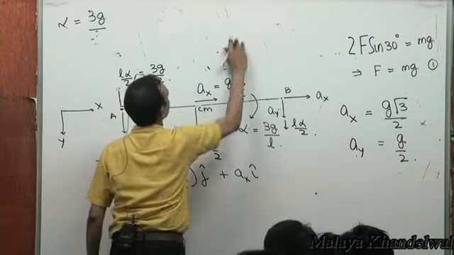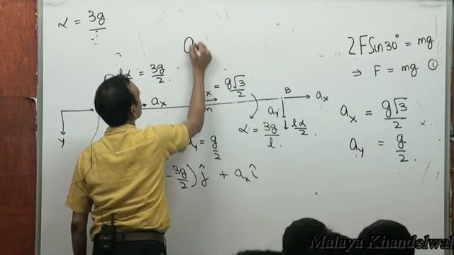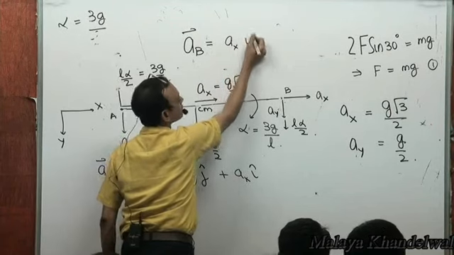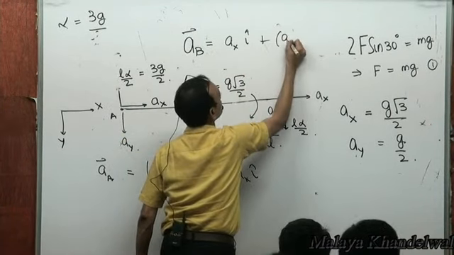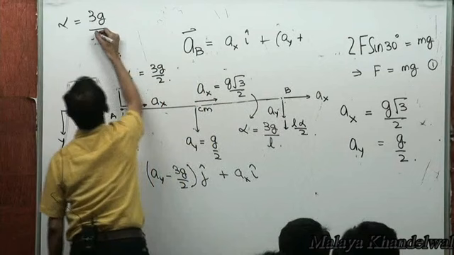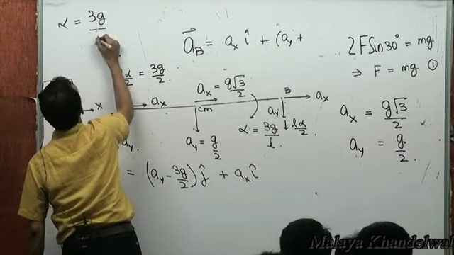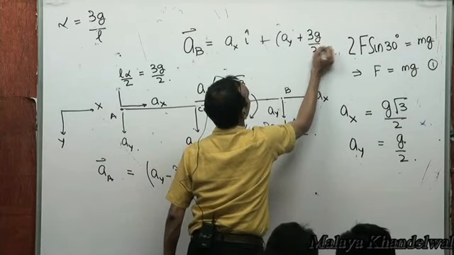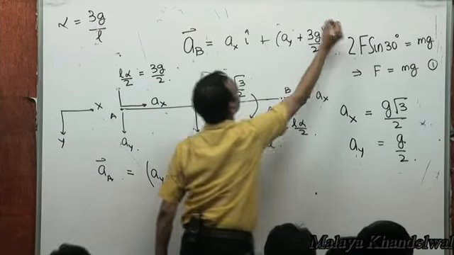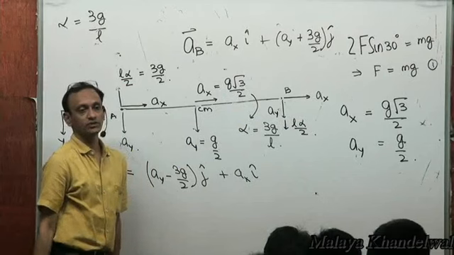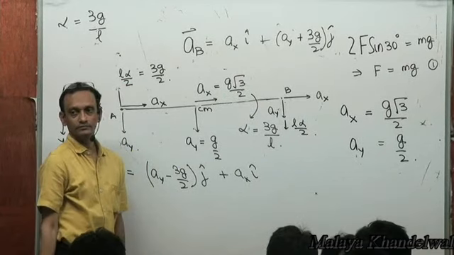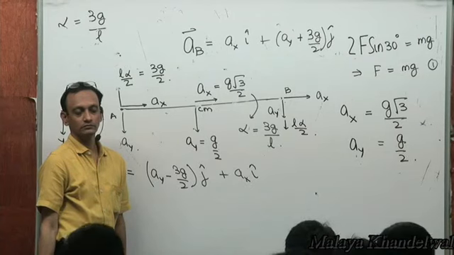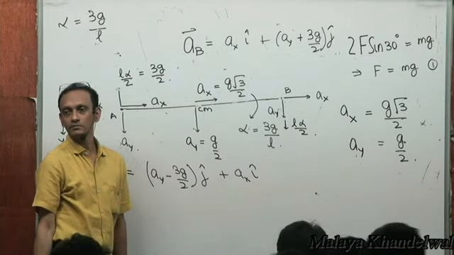Therefore, the acceleration vector of B is going to be ax i cap plus (ay plus L alpha by 2) j cap, where L alpha by 2 is 3g by 2. That's going to be the acceleration vector of B. Sounds all right?